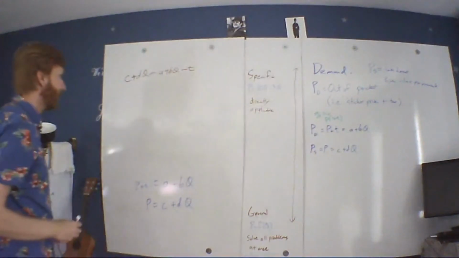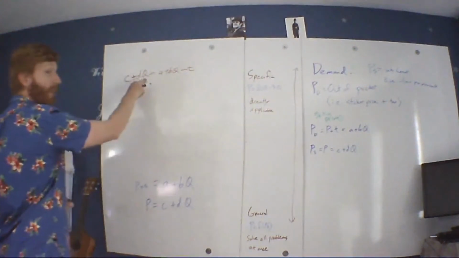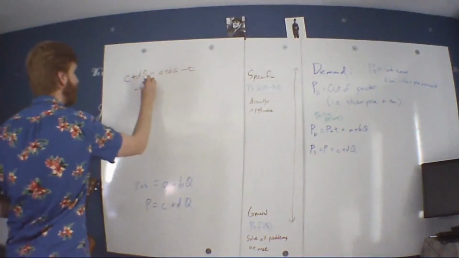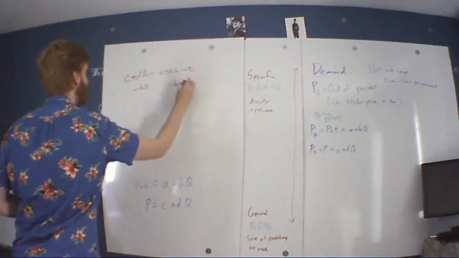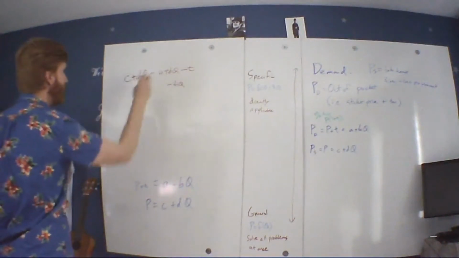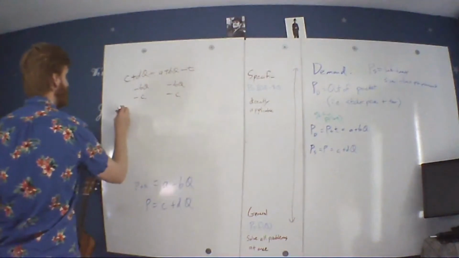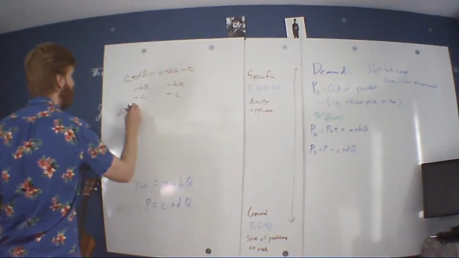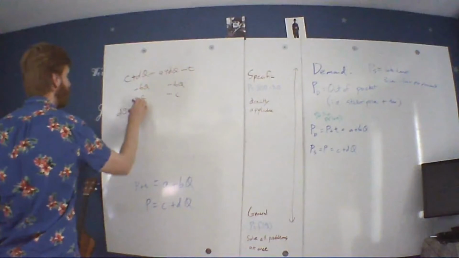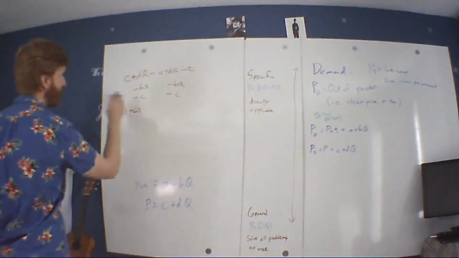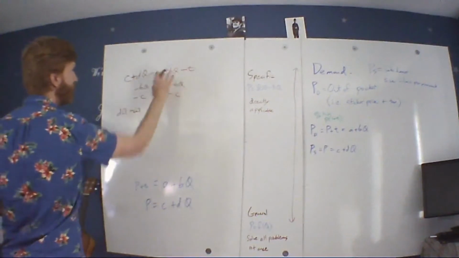Now we solve for that equilibrium quantity. I'm going to keep the Q over here. So I will subtract BQ from both sides. I'm going to move the C over, so I'm going to subtract C from both sides. And that's going to give me DQ minus BQ. Right? C's cancel out. We're left with this. BQ's cancel out.